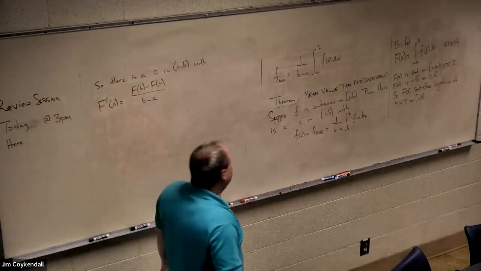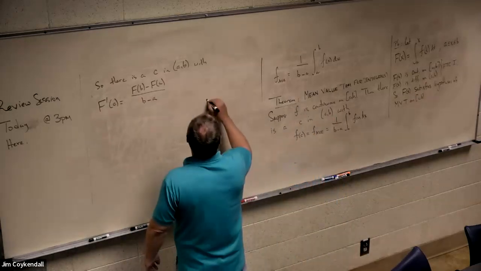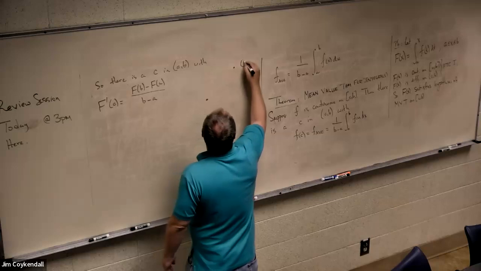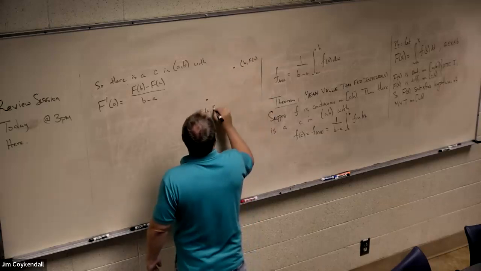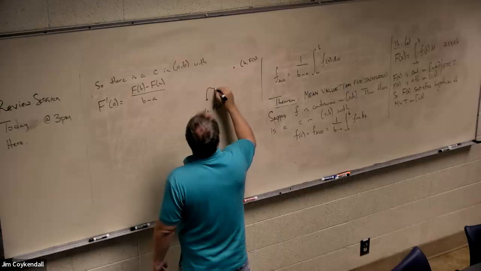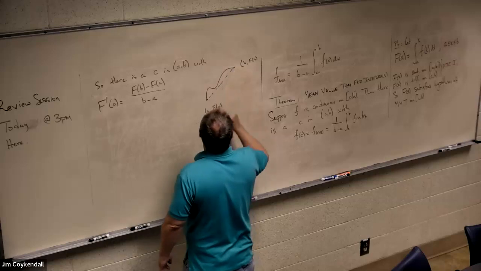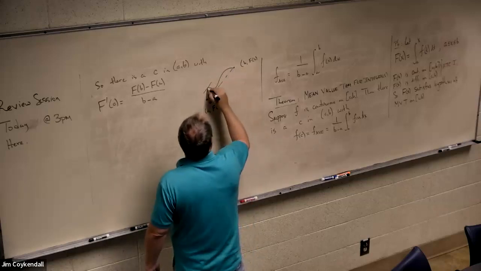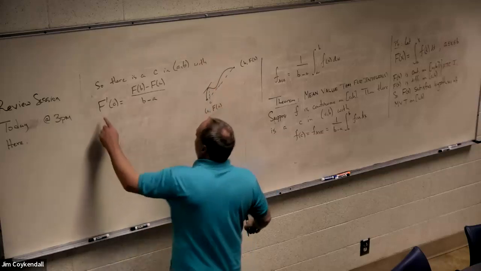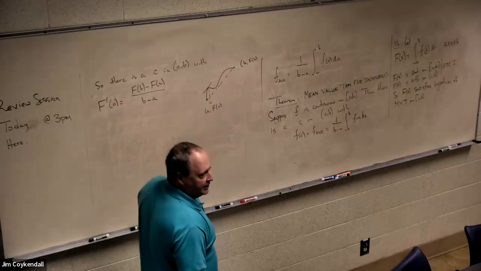This is the old mean value theorem. Y'all remember this: here is b, F of b, here's a, F of a. You connect these. So there's some point between a and b, say maybe c, where the slope of the tangent, that is F prime of c at that point, is parallel to the slope of the secant line defined by these points.